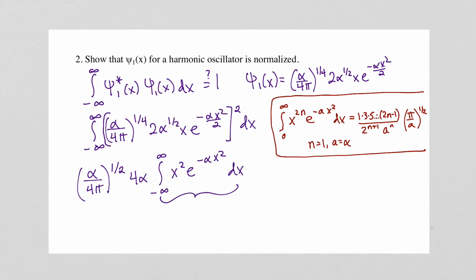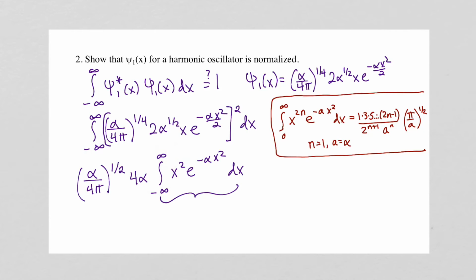The integral that's been evaluated here goes from 0 to infinity. Okay, so one neat thing about our harmonic oscillator wave functions is that they have what we call even-odd function behavior, and that is a tool that helps us with our integral evaluations. It makes things a little bit easier.